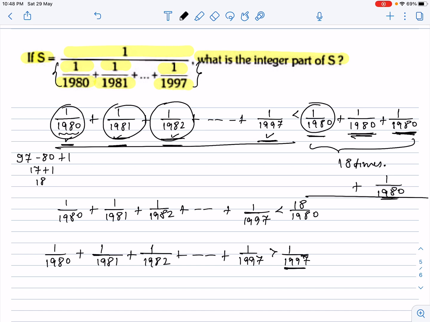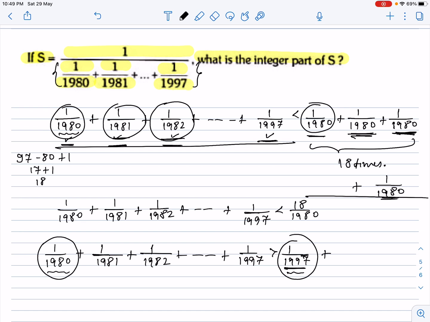Can you see this thing over here will be greater than this thing over here? Guys, if we are dividing a positive number by a smaller number, and next time dividing it by a greater number, whenever we divide by a smaller number, that result will be greater than when we divide by a greater number. Hope you guys would have got my point.